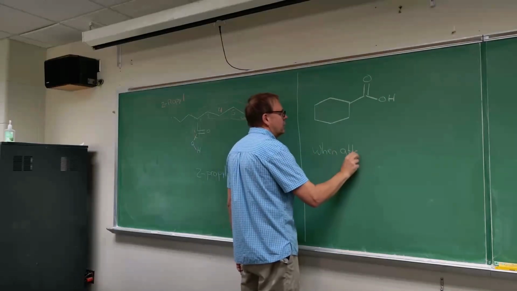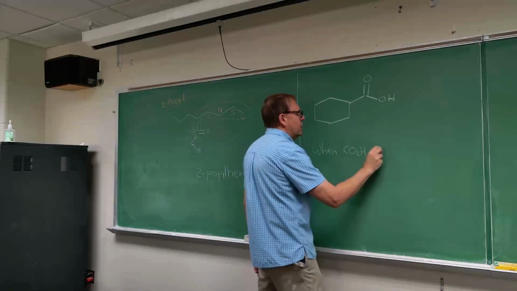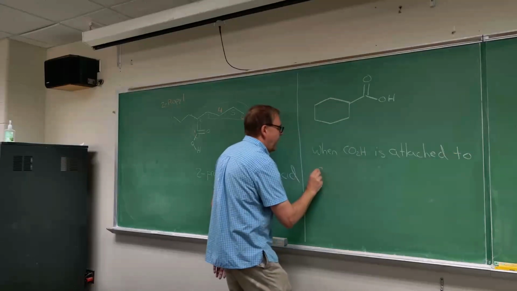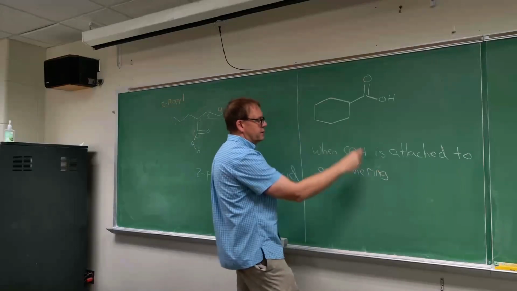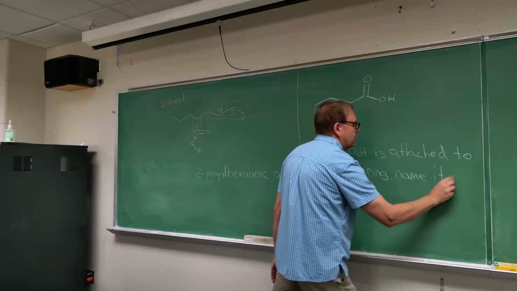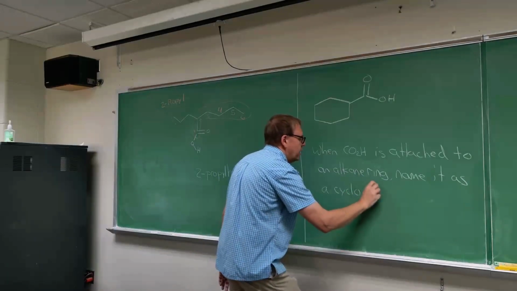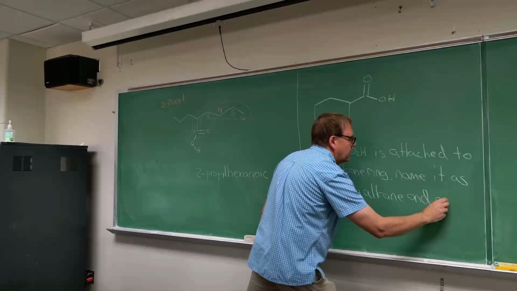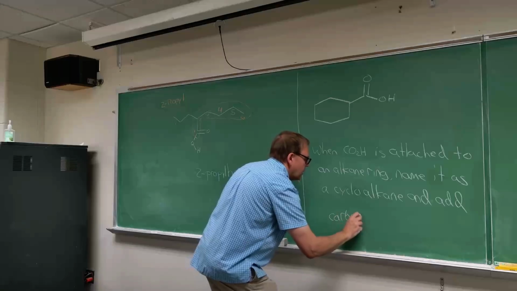So, when CO2H is attached to an alkane ring like this, name it as a cycloalkane and add carboxylic acid.